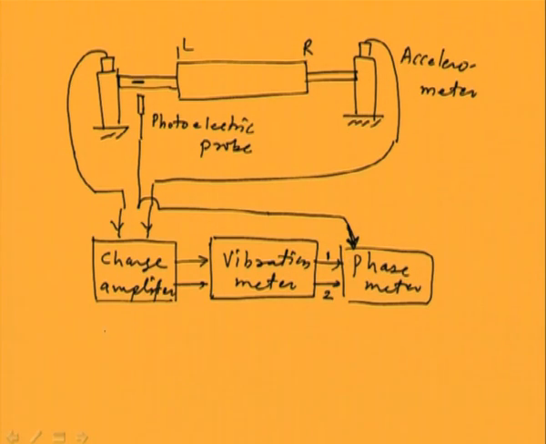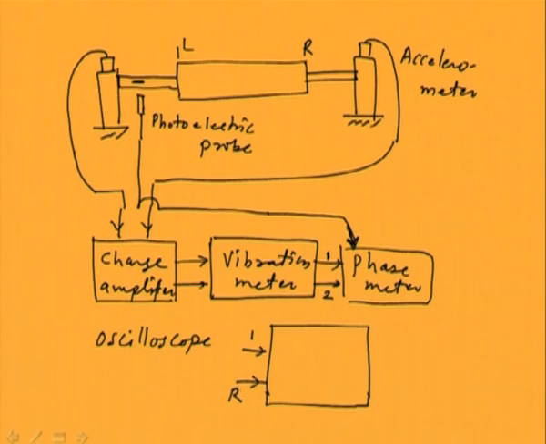This also can be done on the oscilloscope. The oscilloscope is something like this. Let us say signal 1 we are giving, and we are giving the reference signal. This is the reference signal, and this is the response. The reference signal will be something like this, and because of the phase marker which we have kept here, it will have some distorted position in all the signals. So, this particular mark corresponds to the tape.